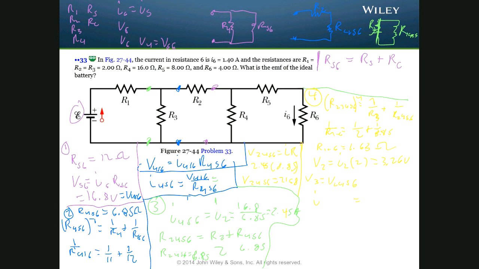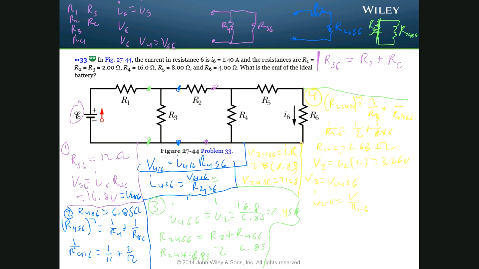So I2 through 6 is going to equal our voltage over our R2 through 6.